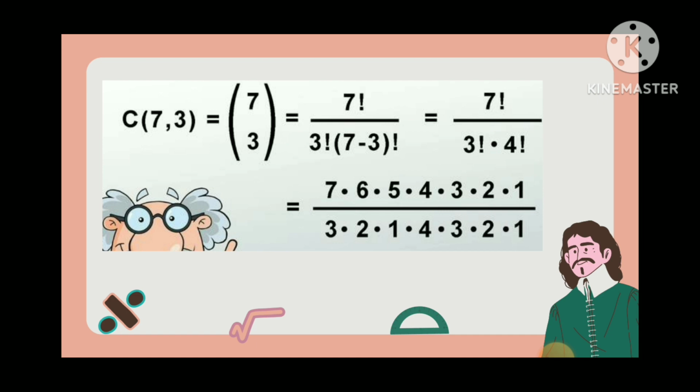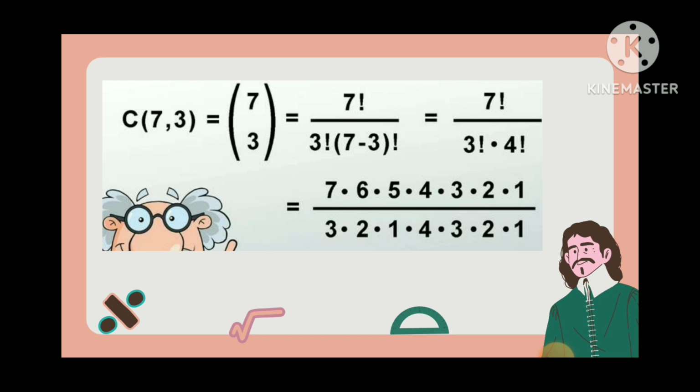The value of n is 7 and the value of r is 3. So 7 choose 3 is equal to 7 factorial over 3 factorial times 7 minus 3 factorial, which is 7 factorial over 3 factorial times 4 factorial.